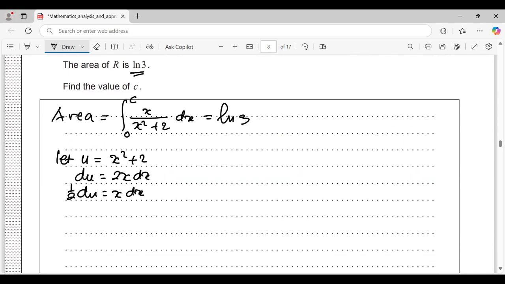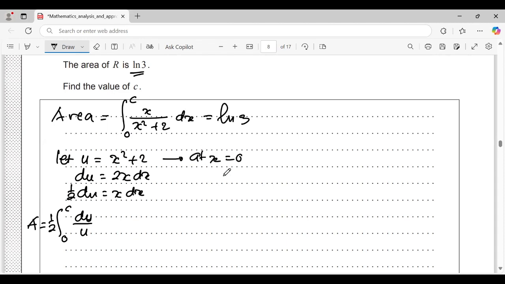So it means this integral we can write as the area equals the integral from 0 to c of 1/2, and x dx is 1/2 du, so du over u. Now I will change the limits from x equals 0 and x equals c.